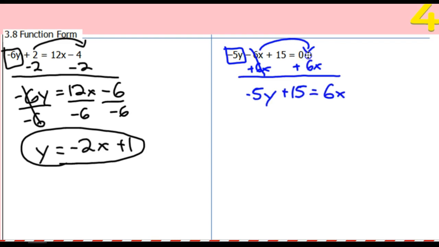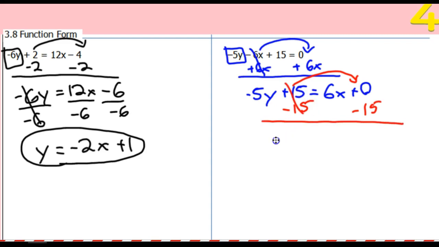Now I can't combine 6x with 0, so it's a plus 0. Last thing I need to move over is this 15. So subtract 15. We get a negative 5y equals 6x. 0 minus 15 gives us a negative 15.